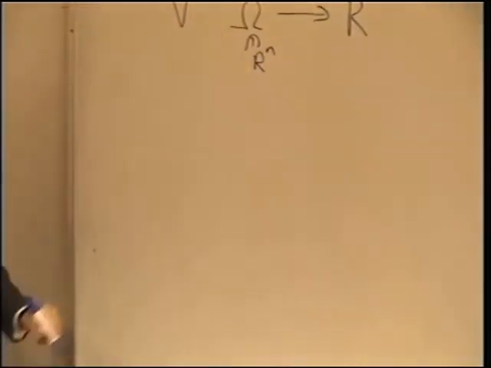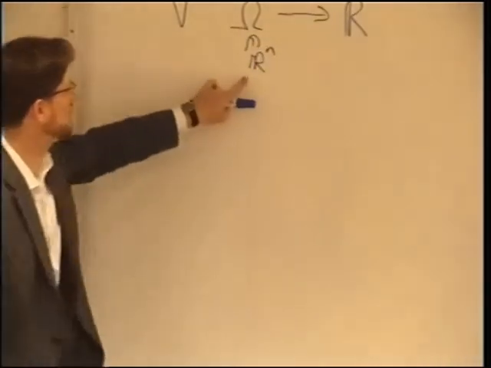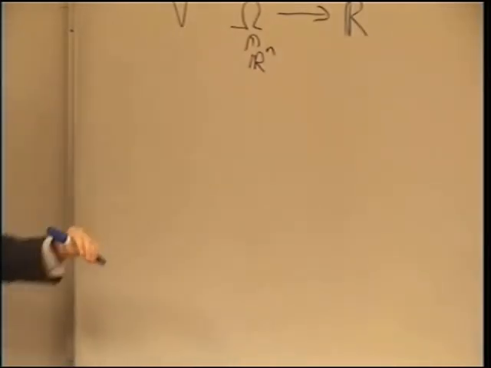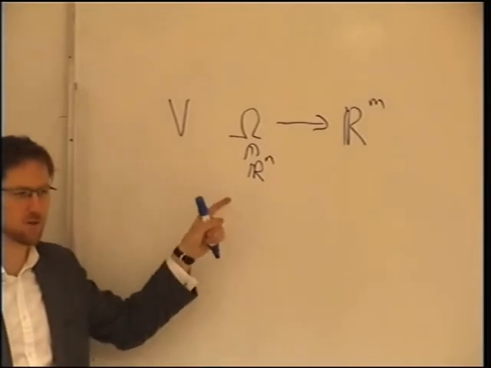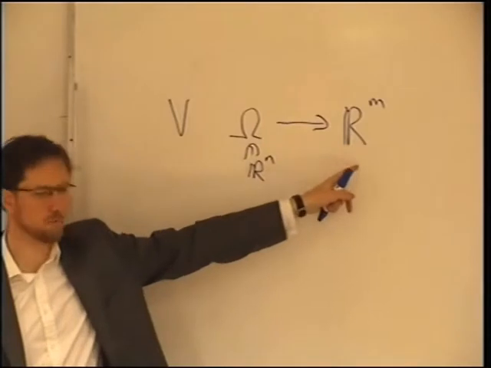So we have a domain in space, so a one-dimensional domain, a two-dimensional domain, a three-dimensional domain, and a function in this space associates with each point in the domain a value from Rm.